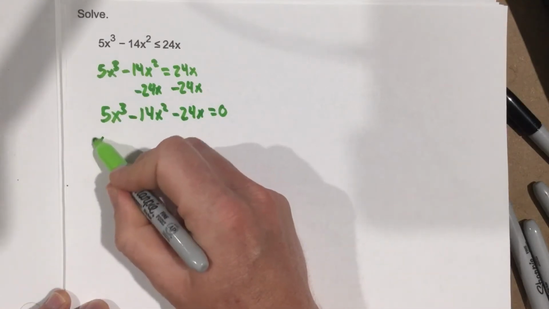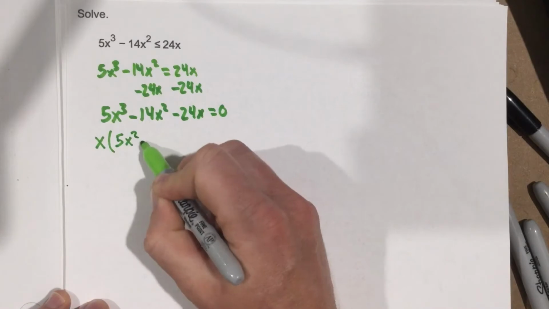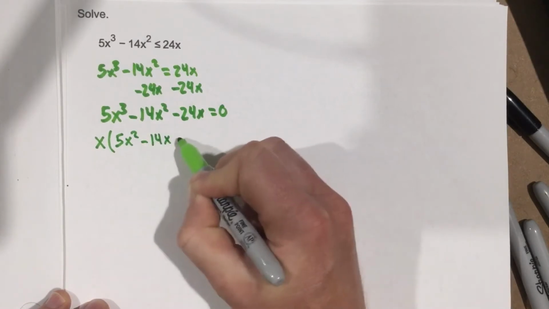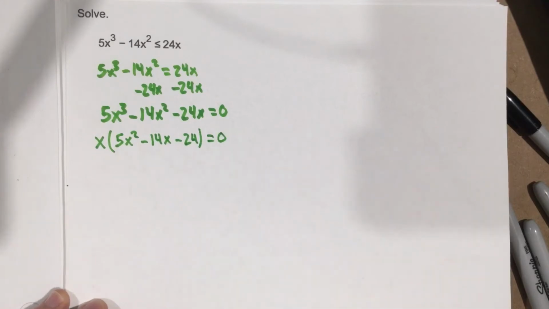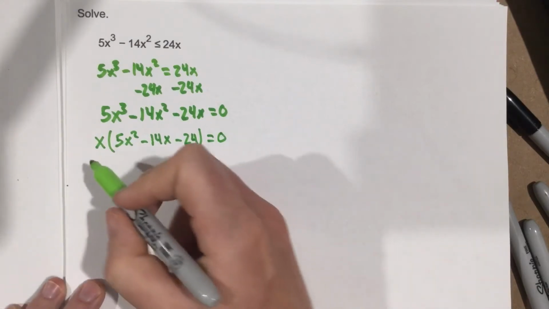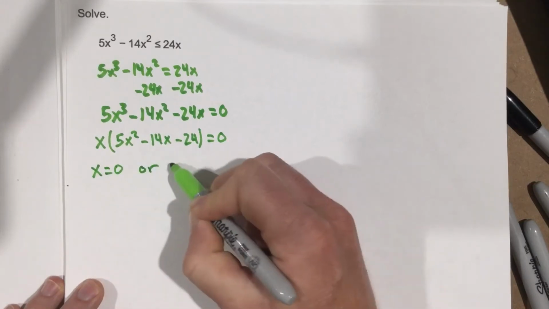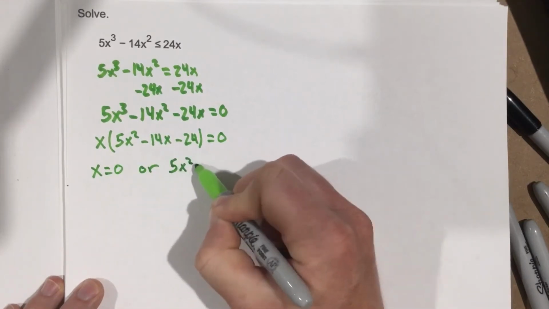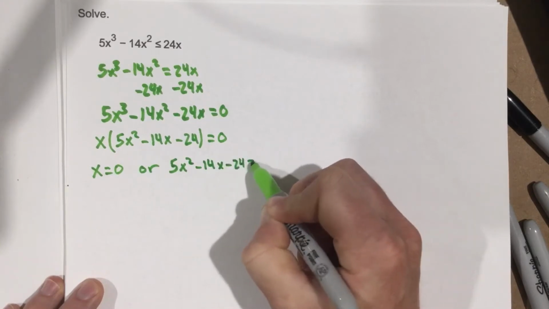So I'll end up with x and then 5x squared minus 14x minus 24 equals 0. Zero product property here. So x equals 0, or 5x squared minus 14x minus 24 equals 0.